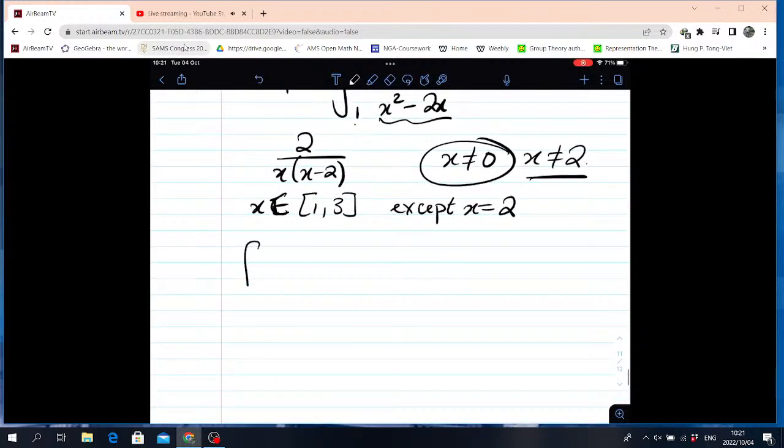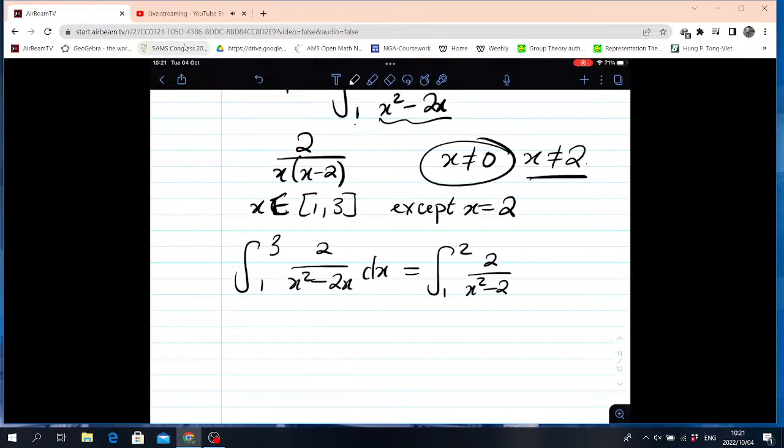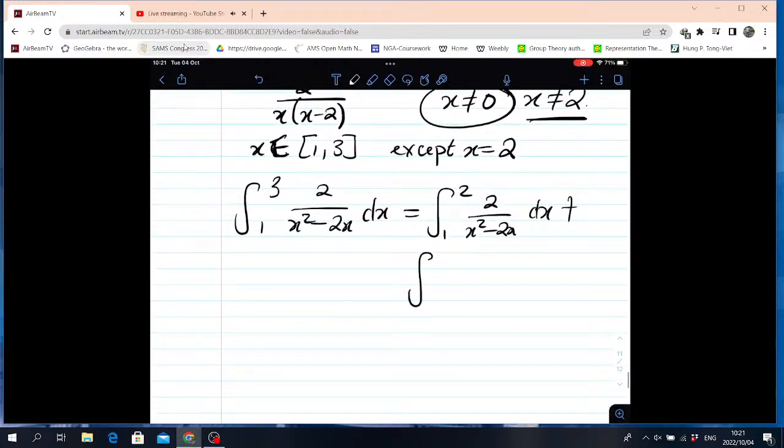So the integral from 1 to 3 of 2 over x squared minus 2x dx should be written as the integral from 1 to 2 of 2 over x squared minus 2x dx, plus the integral from 2 to 3 of 2 over x squared minus 2x dx.